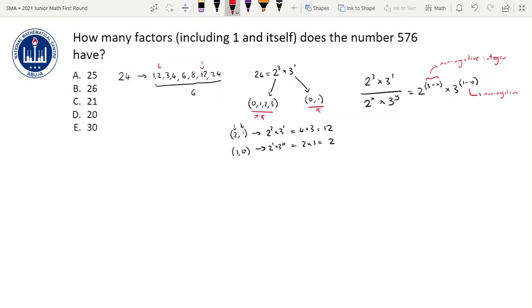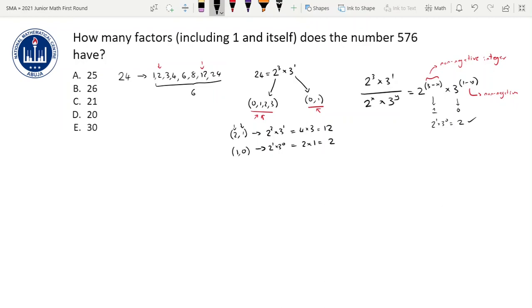So at the end, we're going to end up with a whole number. If when we do 3 minus x here, we have 1, and when we do 1 minus y here, we have 0, then we're going to end up with 2 raised to power 1 times 3 raised to power 0, which is 2, which is a whole number, an integer. So that's the idea behind this.